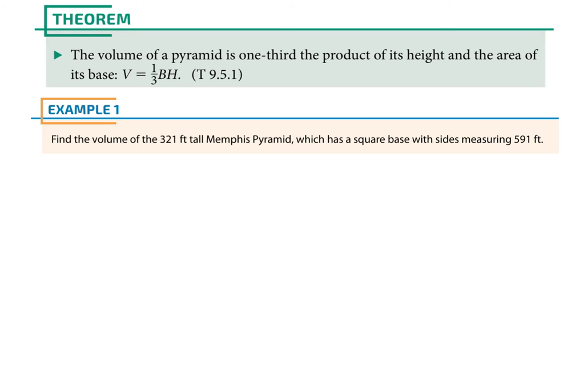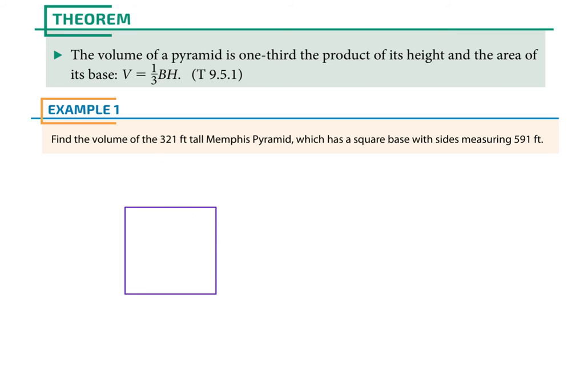So then we go back to the one that they had in the last section, the Memphis Pyramid. Find the volume of the 321 foot tall pyramid, which has a square base that sides measure 591 feet. So we basically have this pyramid, and it has a square base, right?